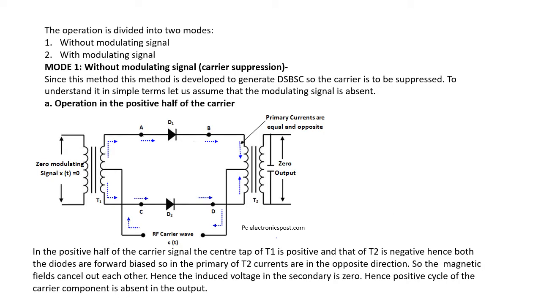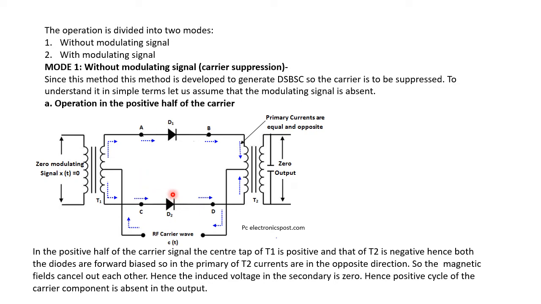To understand the full operation of ring modulator or chopper modulator, let us divide the working into two parts. The first is without applying the modulating signal, and the second is the operation with the modulating signal.